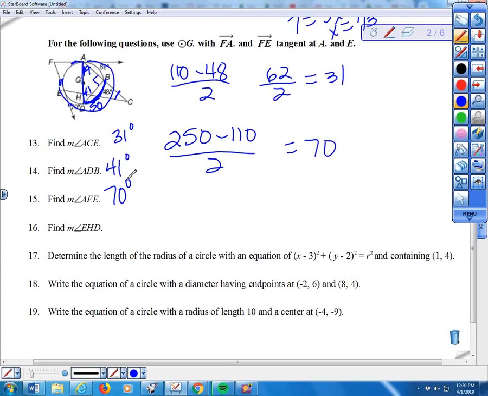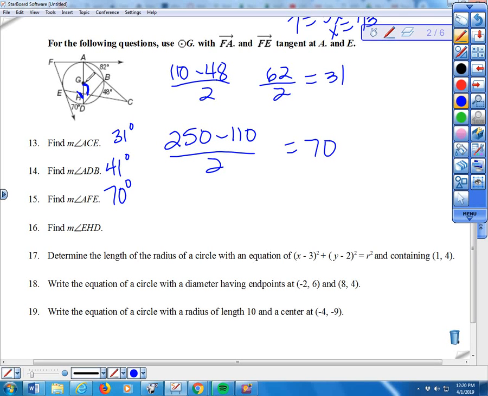EHD. EHD. I'm going to erase this. Looking for this angle right here. What do you think? Well, if I could find this angle, it would be the same, would it?